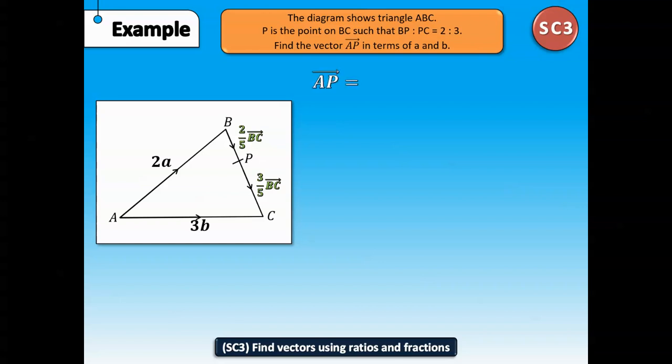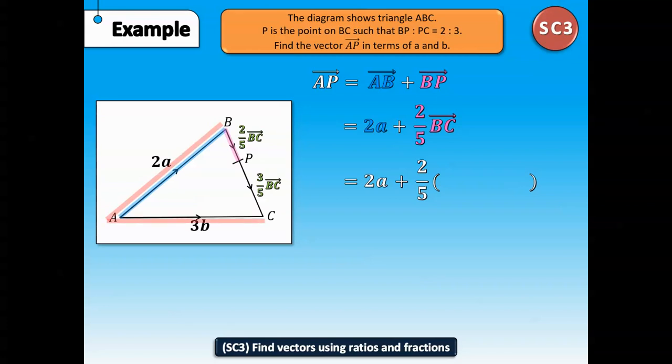So we want to go from A to P. So we go from A to B, and then from B to P. A to B is 2A, and B to P is 2/5 of B to C. Now B to C is minus 2A plus 3B.